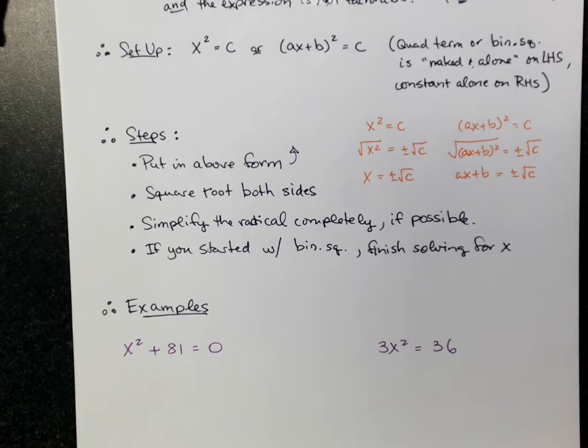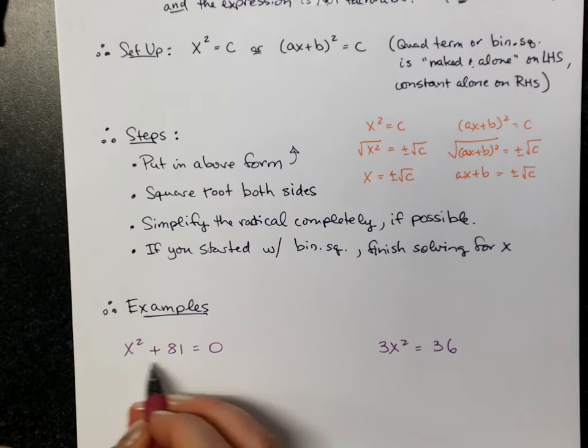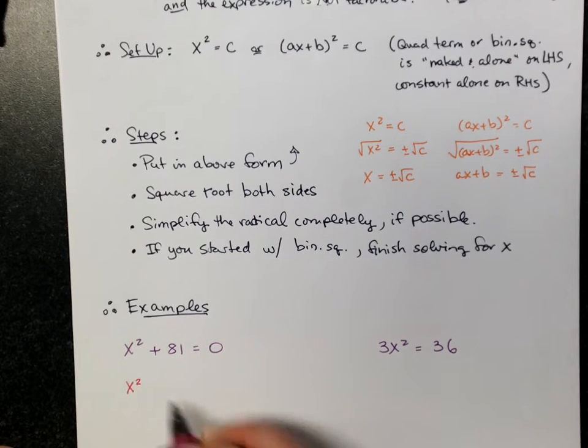Or if the directions just say solve using the square root property, which they will right now, because I'm going to have you show me every method. So I have to put it in the proper form. Go from there.